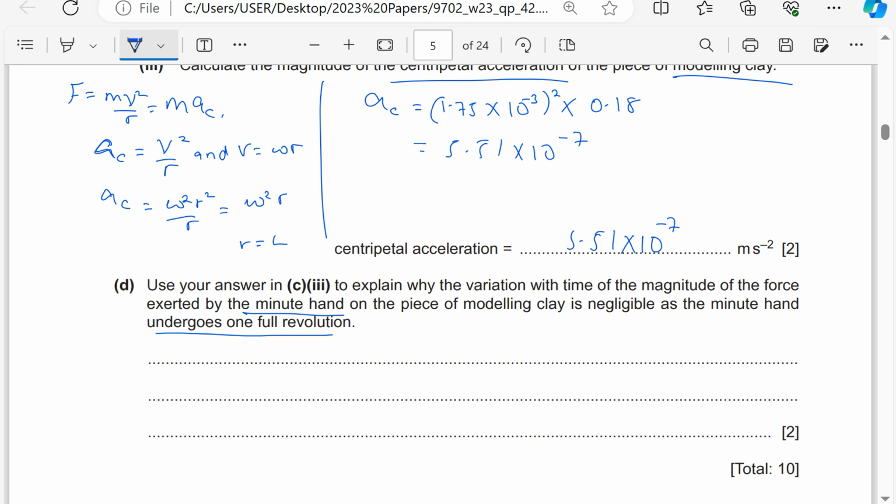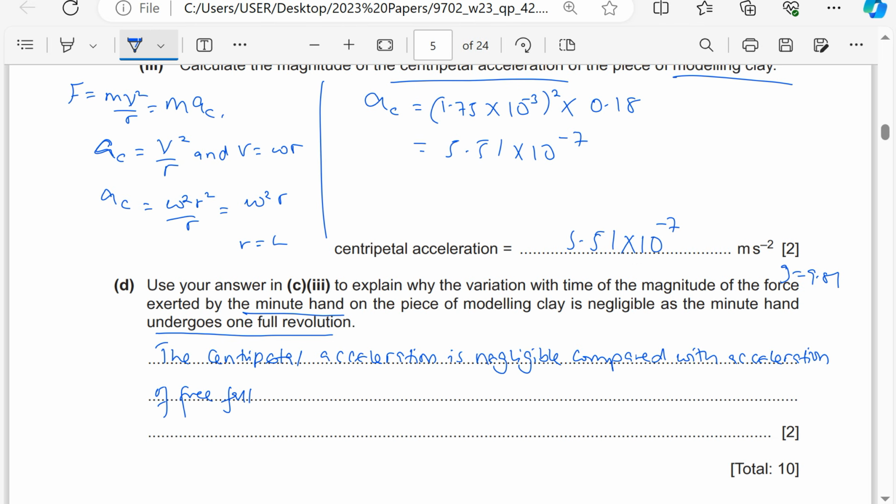Compare this with acceleration due to gravity, which is 9.81. So the centripetal force is going to be too small. I'll just simply say the centripetal acceleration is negligible compared with acceleration of free fall.